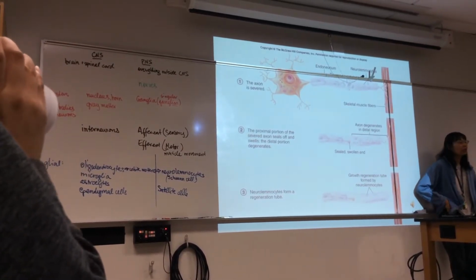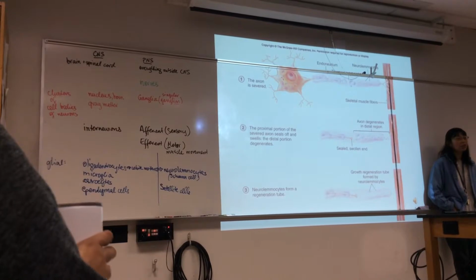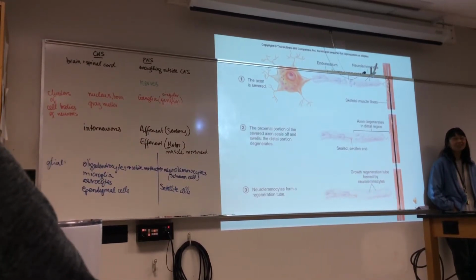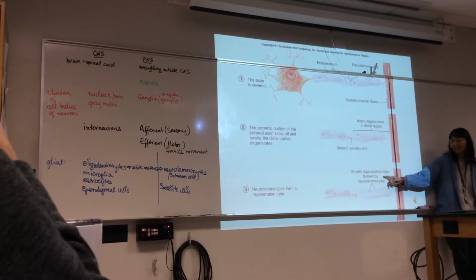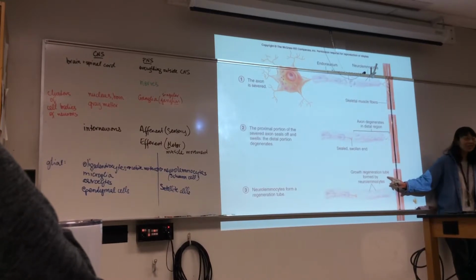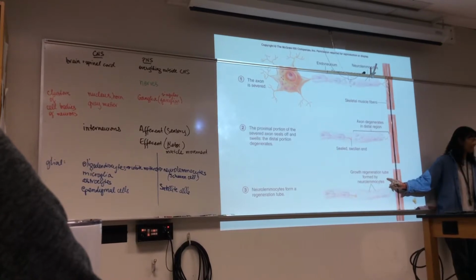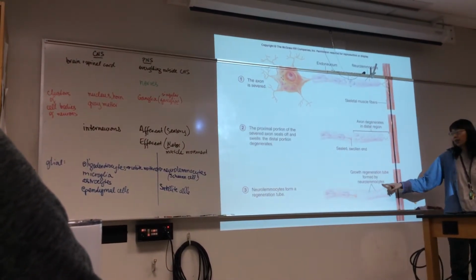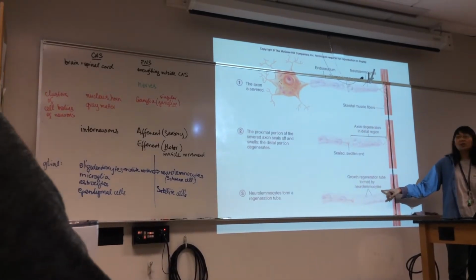Can the axon regenerate? Look at this line. Regeneration tube. Why would they call it a regeneration tube? Because it may regenerate, right? So, the regeneration tube is formed by whom? By the neurolemmocyte.